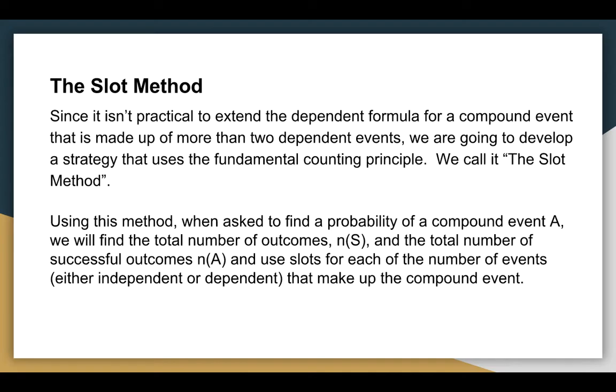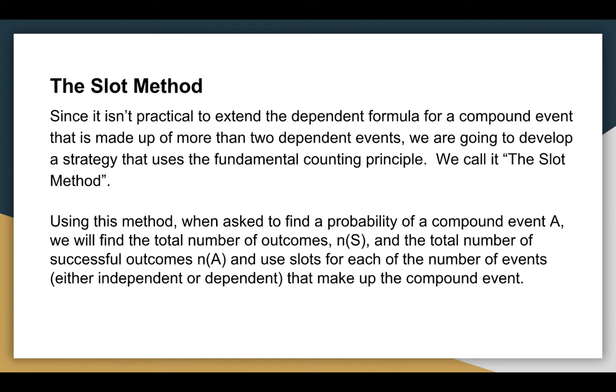Since it's not really practical to extend the dependent formula for a compound event for more than two dependent events, it's also not practical to draw a bigger tree diagram. We need to develop a strategy that uses the fundamental counting principle, and we call that the slot method.